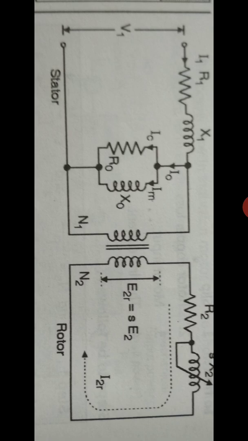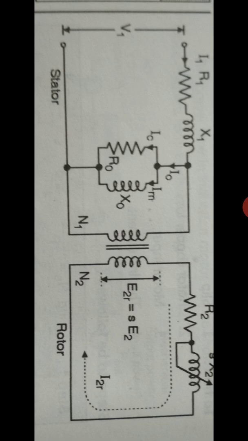Here R1 and X1 are the stator resistance and stator leakage reactance respectively. E1 is the per phase stator voltage, with N1 the stator number of turns and N2 the rotor number of turns. R2 and X2 are the rotor resistance and rotor reactance per phase respectively.